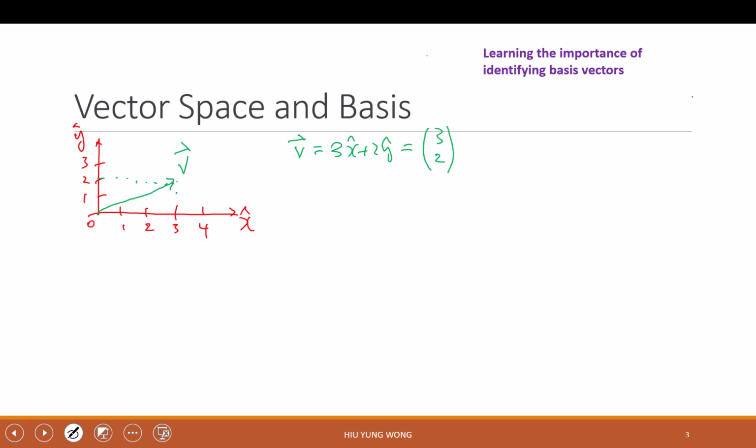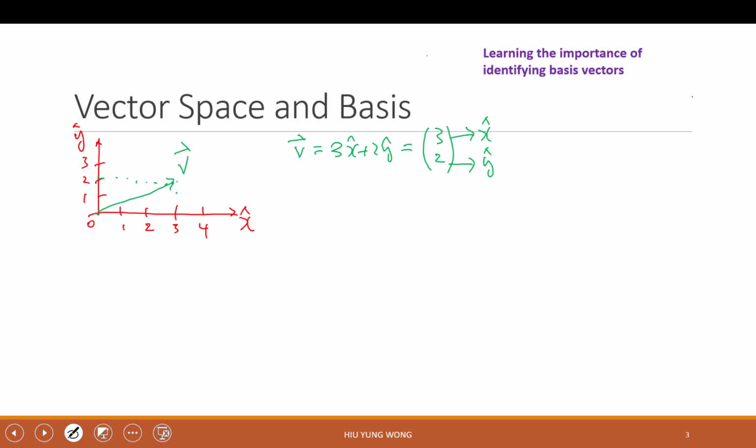Now when I write this, we need to agree with each other what we are talking about. We're talking about that the first row means I have 3 units of x hat. The second row, I have 2 units of y hat. Okay, as long as we agree with each other, just 3 and 2 is enough. I don't need to say 3x hat plus 2y hat. Agree?